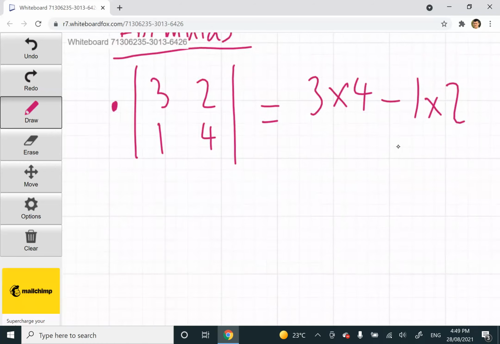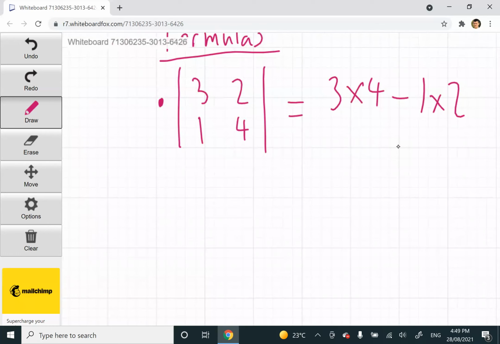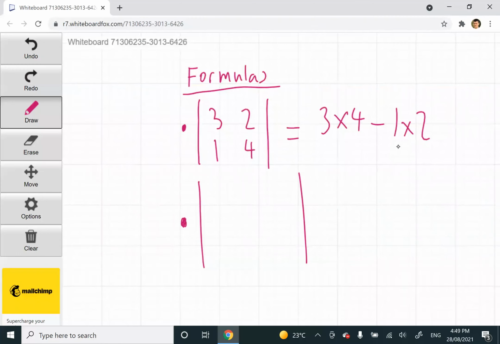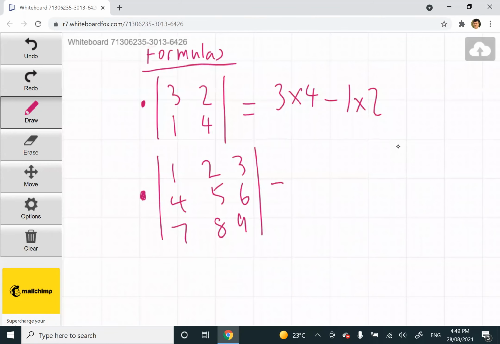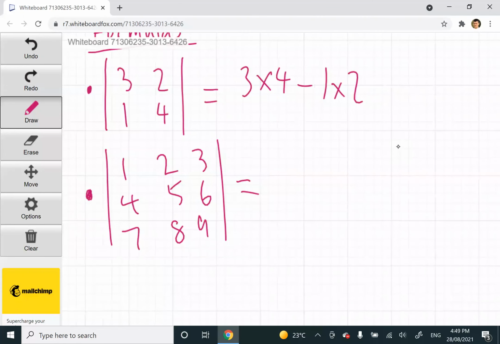Okay. And we need a 3 by 3 to capture a formula that we need, and the definition for the 3 by 3 determinant is you can take any row or column and do the following process. So let's pretend it's this row.